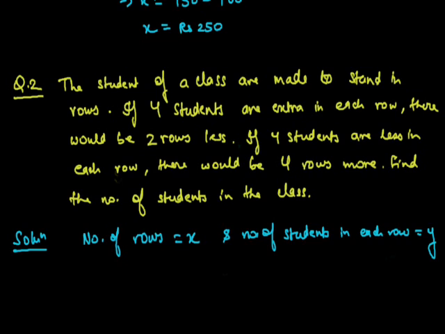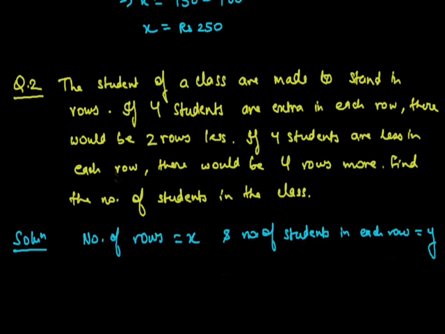Now if they add 4 students in each row, it will become y plus 4. Accordingly the number of rows will get reduced by 2, that is, the number of rows will now be x minus 2.